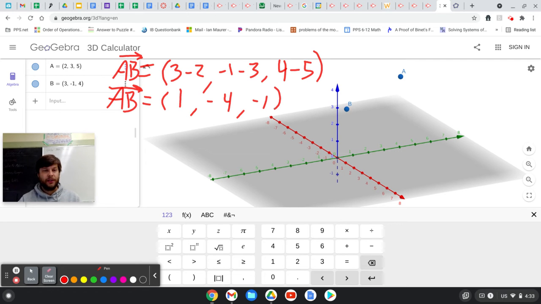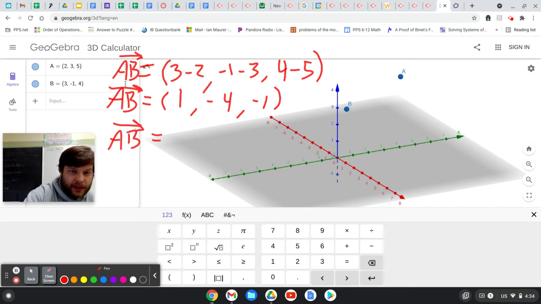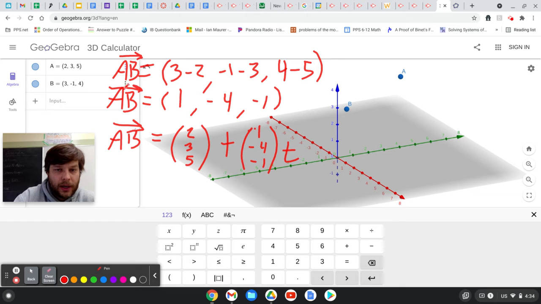So then to write my vector AB, just like we did mx plus b or b plus mx, our vector AB is basically going to start with our vector A, 2, 3, 5, and we're going to add our direction vector, 1, negative 4, negative 1. We're going to add that t times. And so I really should use a different notation for this. So let's call this the slope of AB.